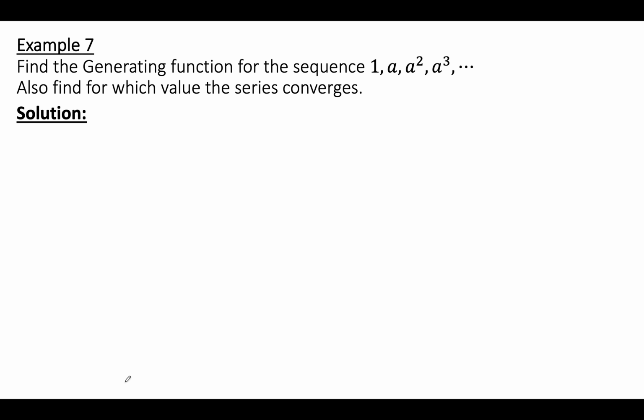Okay. Another sequence is here. If we got this sequence as 1, a, a to the power 2, a to the power 3, and then we need to find the values for which the series converges. Okay? Let's go. Summation form.